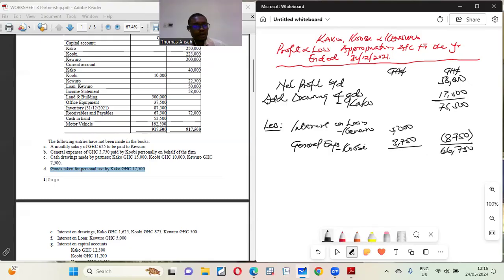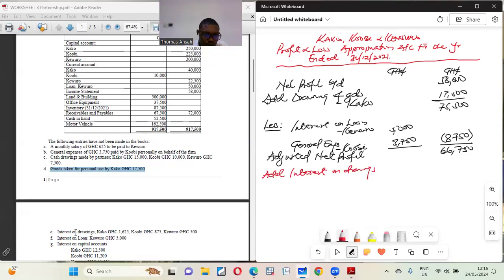Where is my other calculator? Let's punch it together. So we have 75,500 minus 8,750. So we have 66,750. This is our adjusted net profit. Then we do the appropriation part. What do we normally do to appropriation part? Good. We add interest on drawings. Who did drawings?